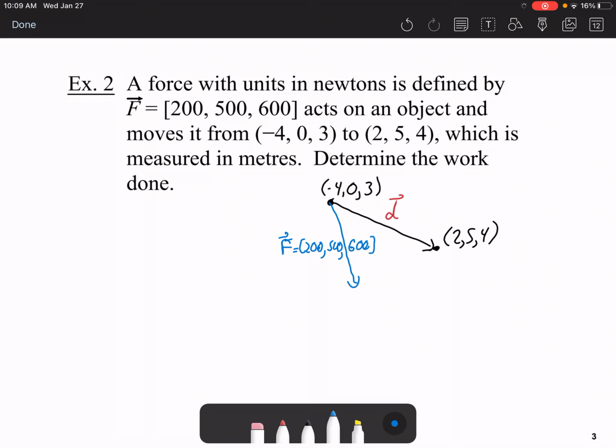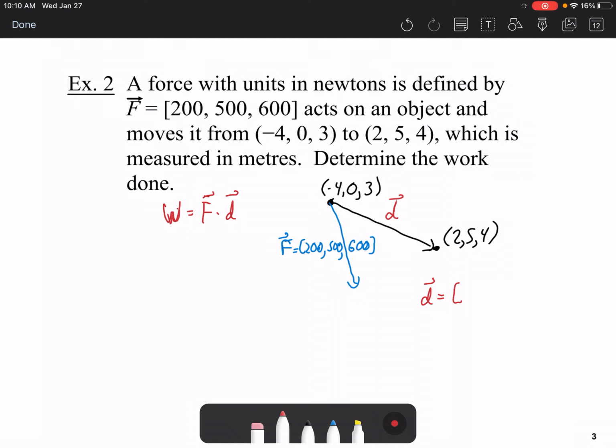So, to remember, to calculate work, that was just the dot, oops, my apologies, it wasn't a vector. To calculate work, we're just taking force dotted with distance. Well, the distance vector, I'm going to have to work out first.